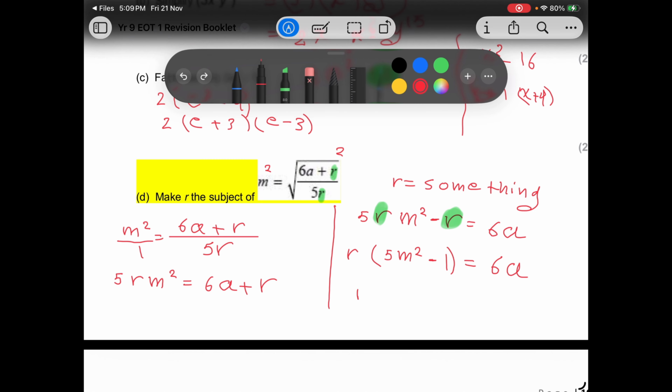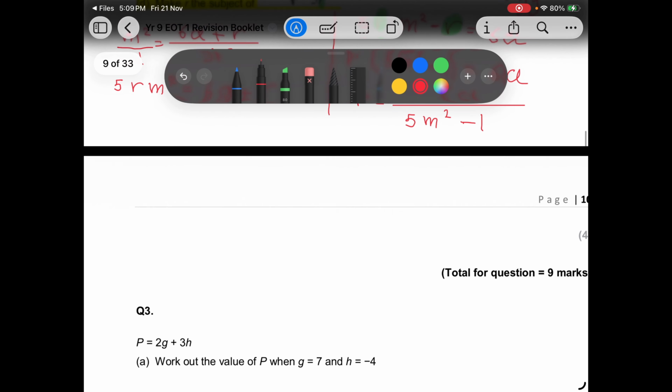So it will be like this: r equals 6a over 5 m squared minus 1. And look, guys, now we have it in the form r equals something, and now r is the subject of this equation. Okay, hopefully this is clear for all of you.